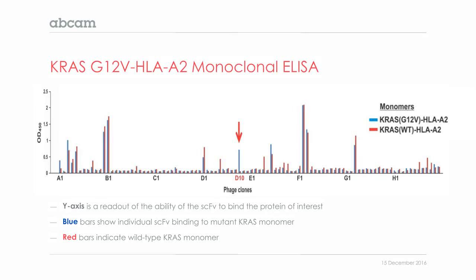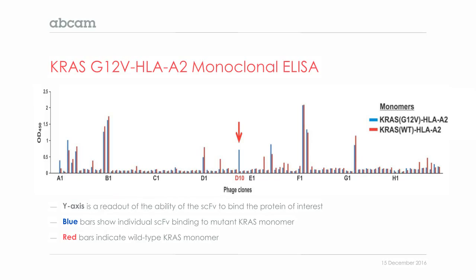This bar graph represents one of the monoclonal ELISAs that we saw for the KRAS G12V HLA-A2 antigen. The y-axis is a readout of the ability of the scFv to bind to the protein of interest. The blue bars represent individual scFv binding to the mutant KRAS monomer, and the red bars indicate wild-type KRAS monomer binding.